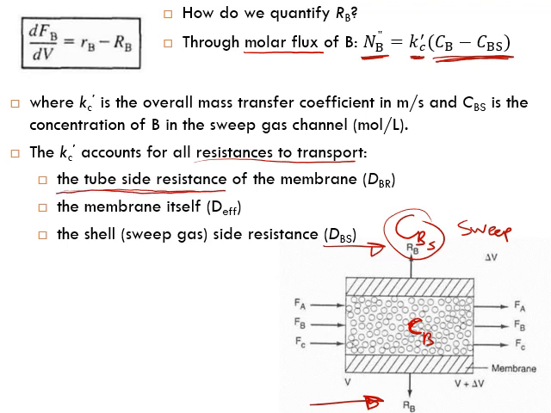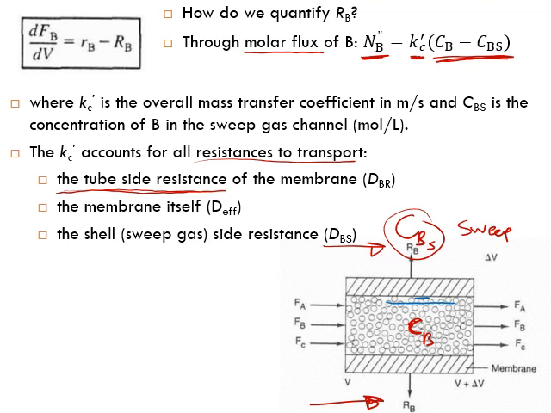So you know that there is a boundary layer here through which there is diffusion. So the concentration of B here is the Cb in the bulk, and then there is the Cb next to the wall, right? And then there is resistance for the mass transport through this boundary layer. What else?